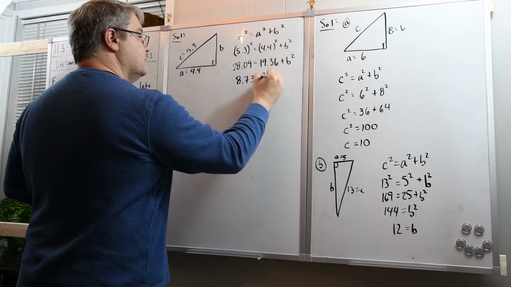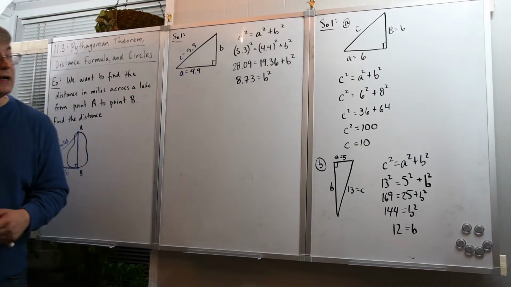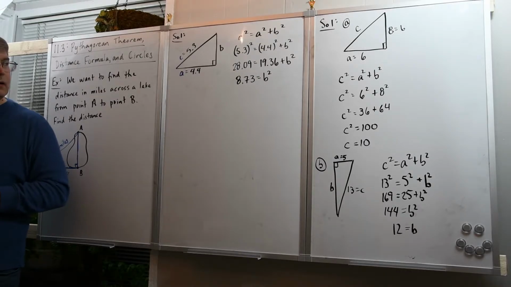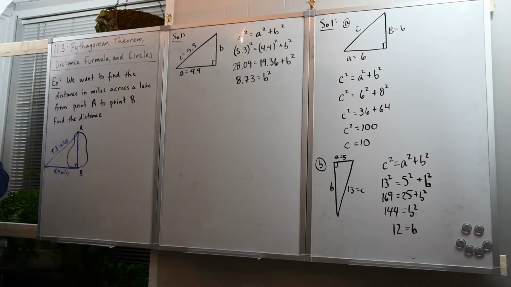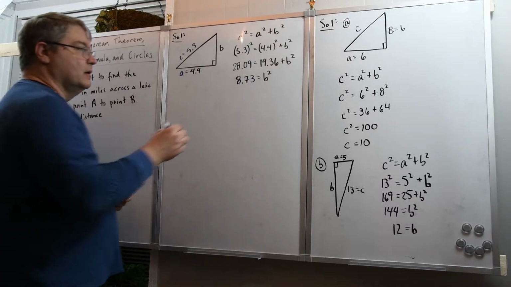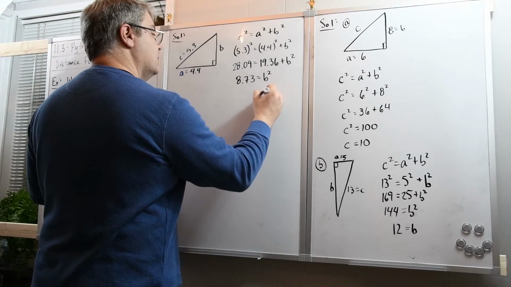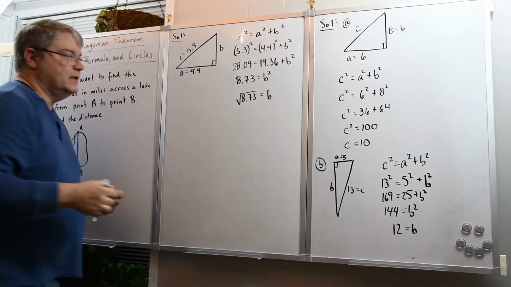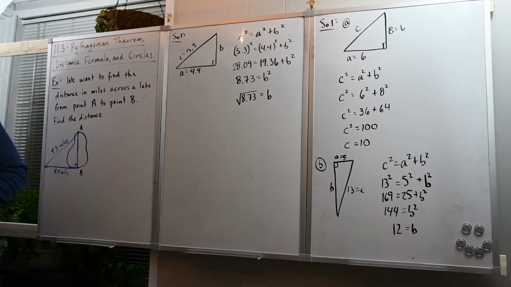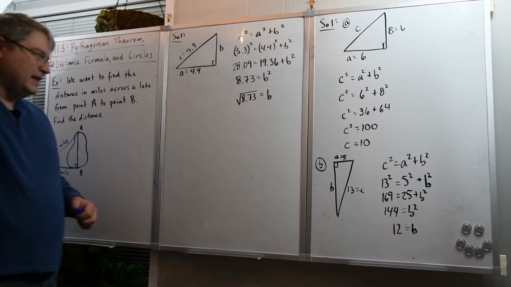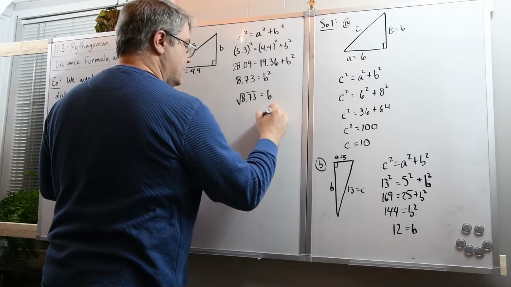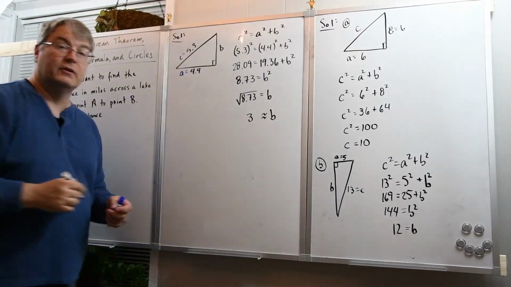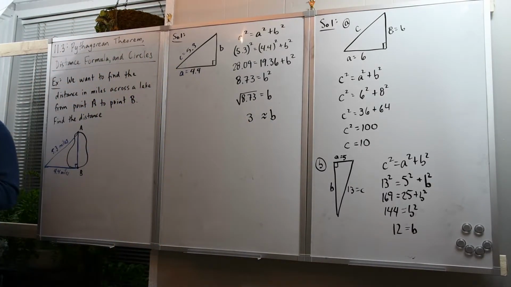So 8.73 is the same thing as B squared. To get B, you would need to take the square root of 8.73. And if you take the square root of 8.73 and round it, you'll get that the lake is approximately 3 miles long, or 3 miles across.